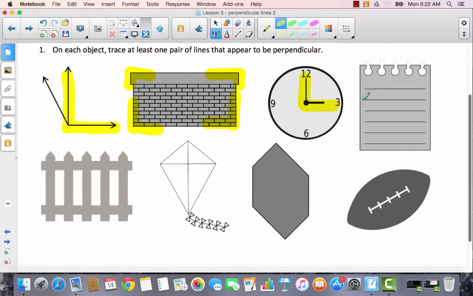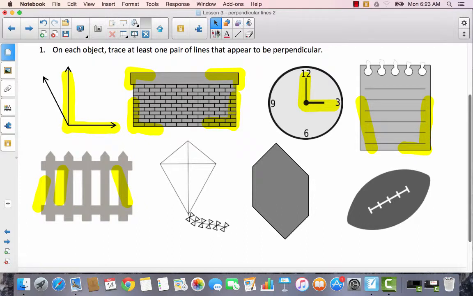On this piece of paper, all of the corners make right angles. On this fence, everywhere that the straight up and down fence posts meet the horizontal, every single place makes right angles. So I'm not going to try to go through here and trace every single one of them, but everywhere that the vertical post cross the horizontal post is a right angle.